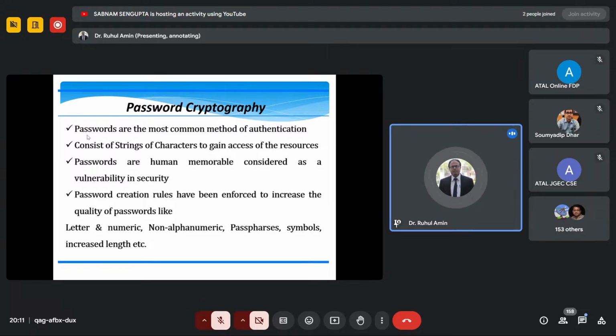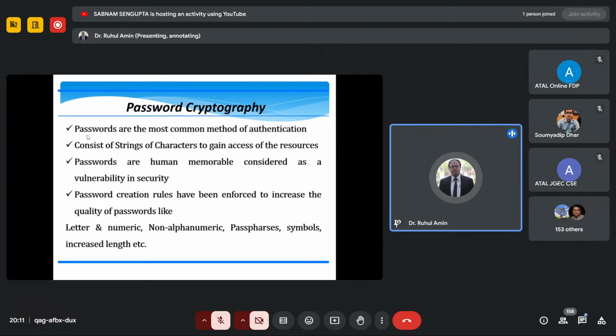Everyone is using passwords, and basically human-memorable passwords are considered vulnerable in security. Humans can memorize them, so they will use some kind of easy or low entropy password, right?